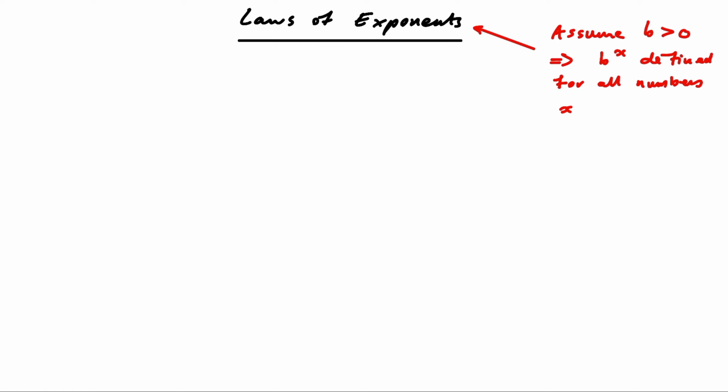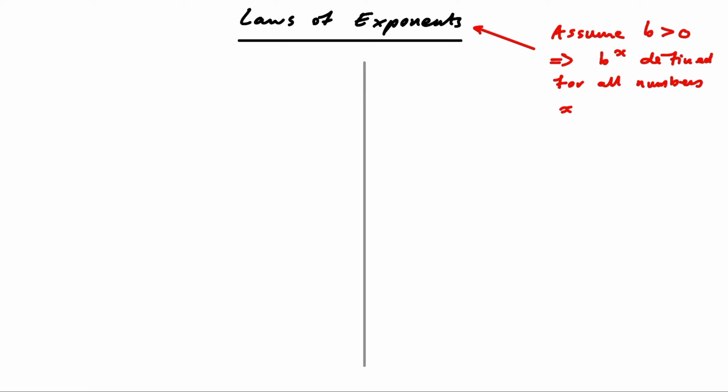So let's start off with, first of all, the one that started it all going. Remember when I was defining exponents, I basically singled out two properties that seemed to hold when I was dealing with exponents which were positive whole numbers. And essentially, I used those as a means to define the concept of an exponent, or b to the n, where the exponent n was not necessarily a positive whole number.